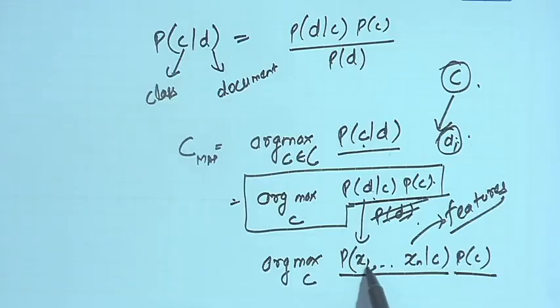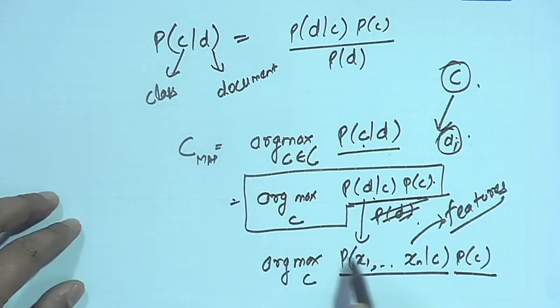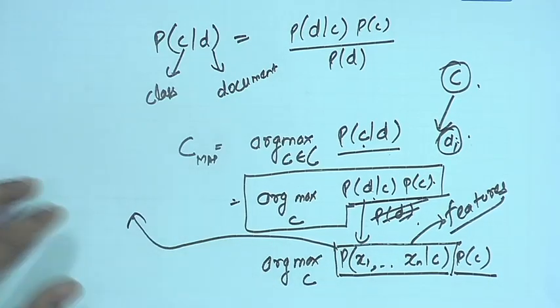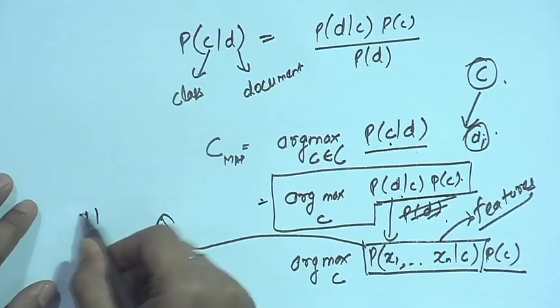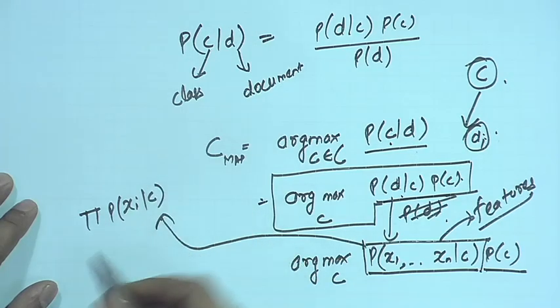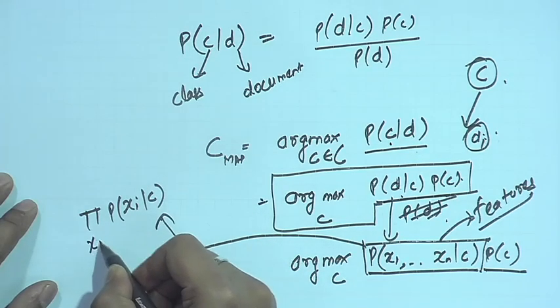And that is where you make the naive Bayes assumption. This is the naive assumption, which is why this is called a naive Bayes model. So what is the naive assumption here? The probability of all these features given the class can be written as the multiplication of probability xi given C for all xi.